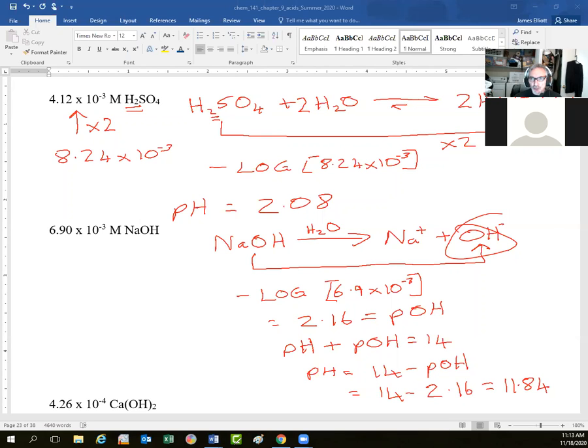If it's a basic solution, it should be a pH above 7. Don't be fooled by that initial answer of 2.16. That's pOH, not pH. We only need this additional step if we're dealing with basic solutions.